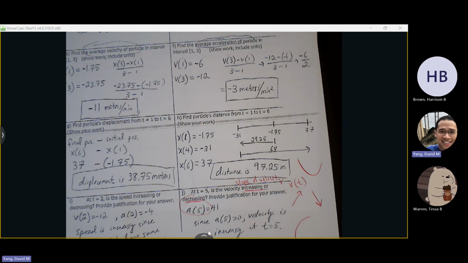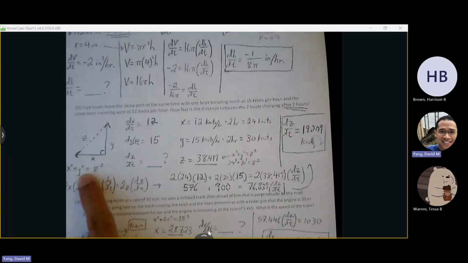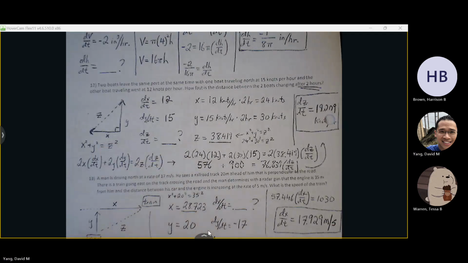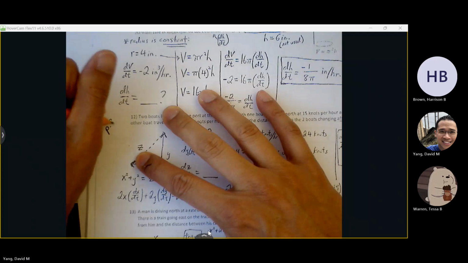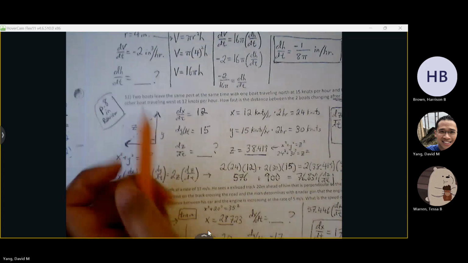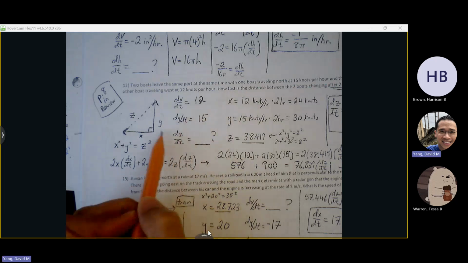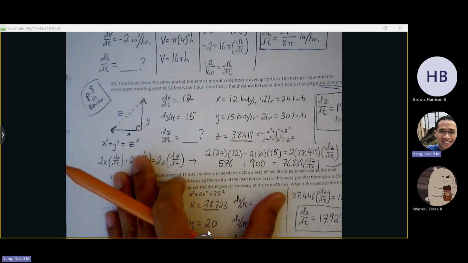Okay, the 2 boats leaving. One's traveling north, the other's traveling west.